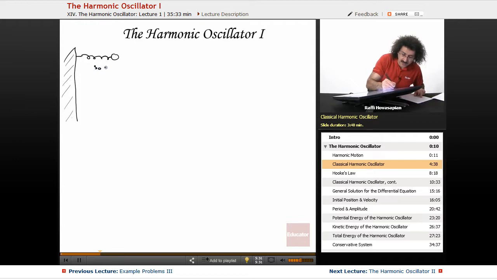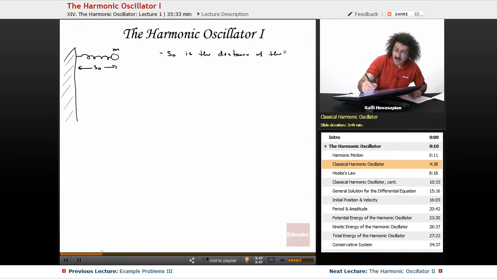We're going to call that S0. There's a mass, it has mass M. So S0 is the distance of the undisturbed spring.